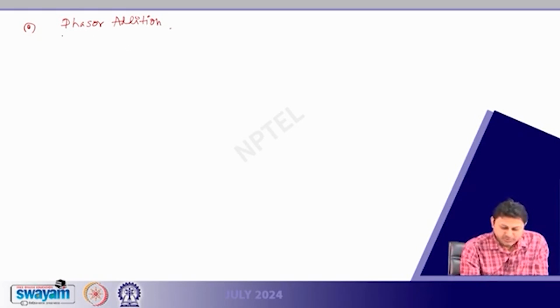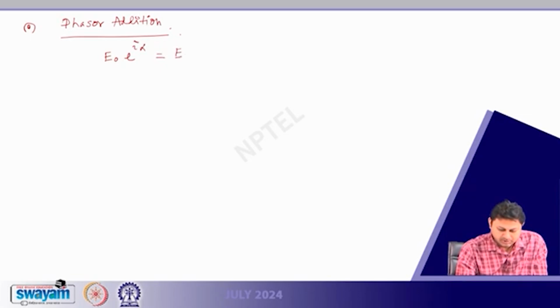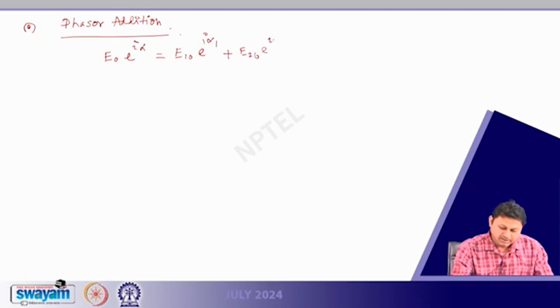And what we are going to do in phasor addition, for two waves, I can write E0 e to the power of i alpha is equal to E10 e to the power of i alpha 1 plus E20 e to the power of i alpha 2.